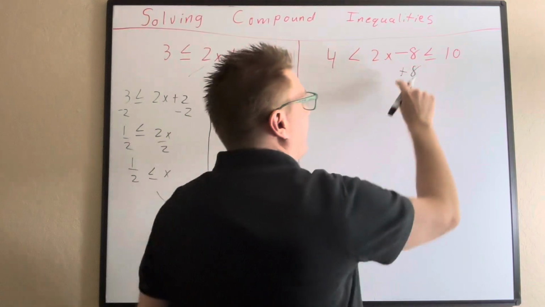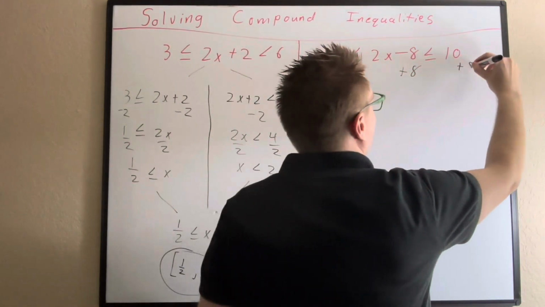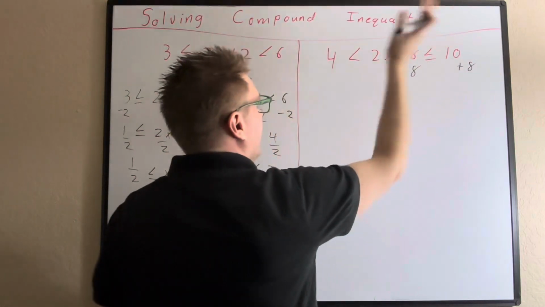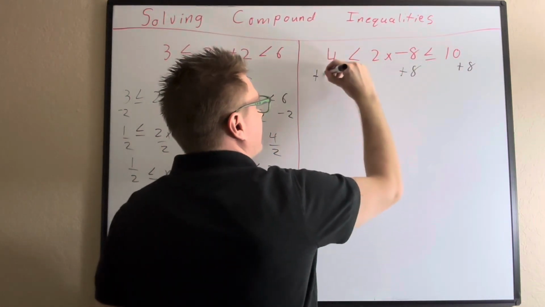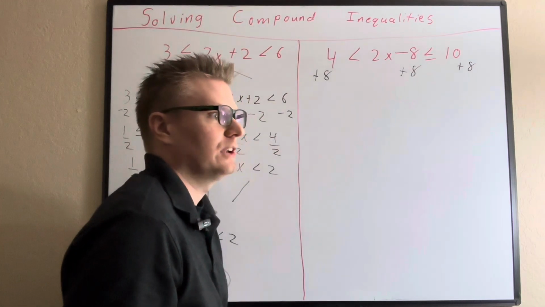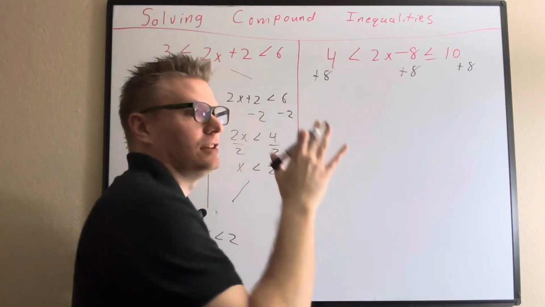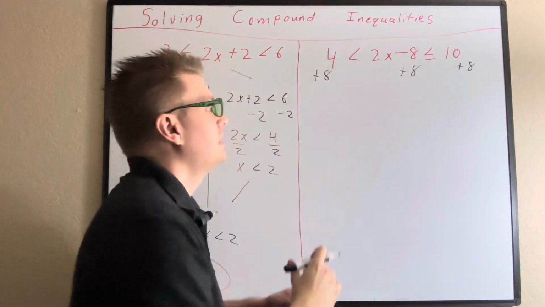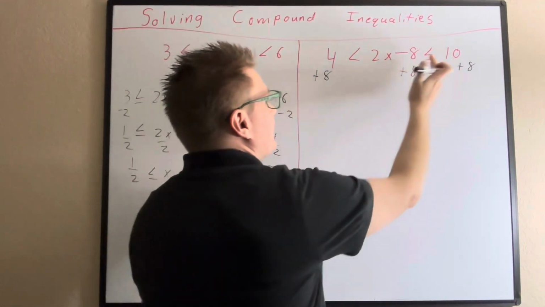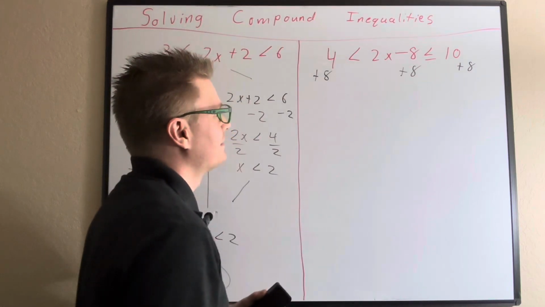And so since you're adding 8 to the middle to get rid of the 8, you have to add 8 to the right, and you have to add 8 to the left. Just like that rule when solving equations, you have to do the same thing to the left side of the equation as you do to the right, and vice versa. But since there's two inequality symbols, we got to do it to all three.